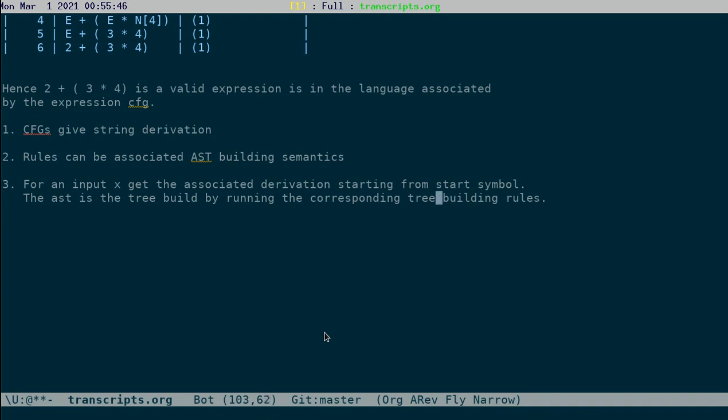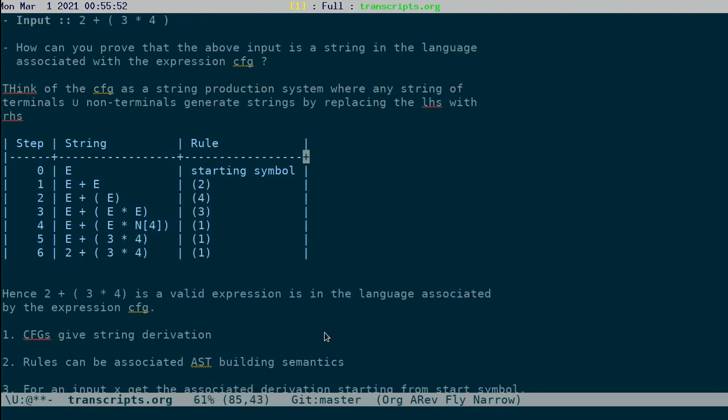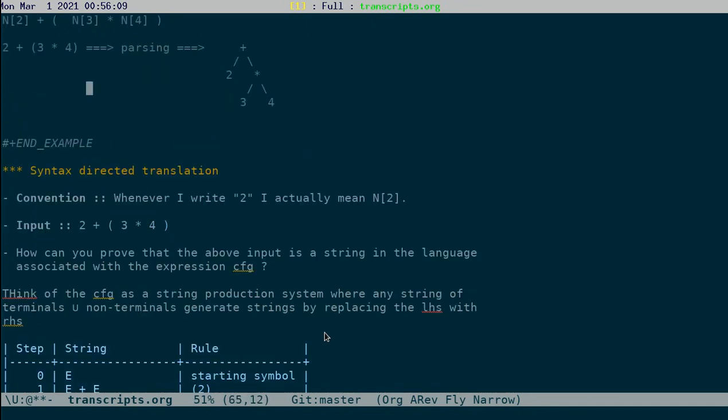The AST is a tree that you build by running the corresponding tree building rules. So for example, if you look at this string, you start with E, and here you have used rule 2, so you run the second tree building rule. Okay, out of these two things, and so on. So that's how you can build the tree that you get here.